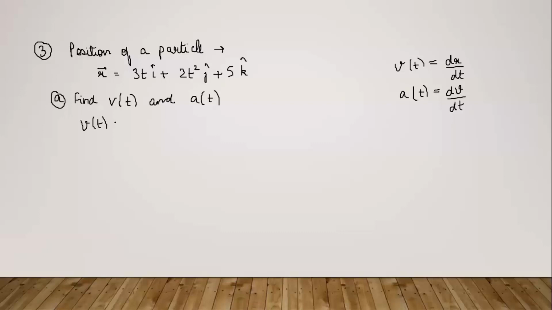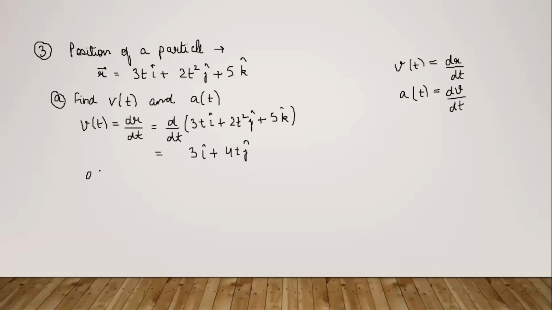So velocity is given by dr by dt. The position vector is given, so we simply have to do d by dt of r, and r is 3t i cap plus 2t square j cap plus 5 k cap. When we differentiate this with respect to time, the x component comes out to be 3 i cap, and on differentiating the second term we get 4t j cap.